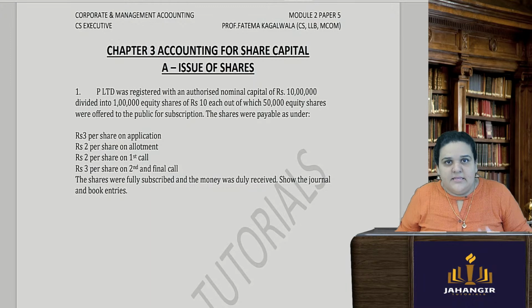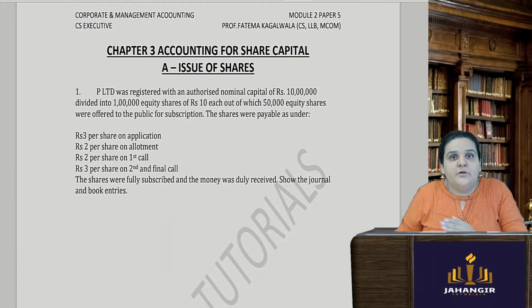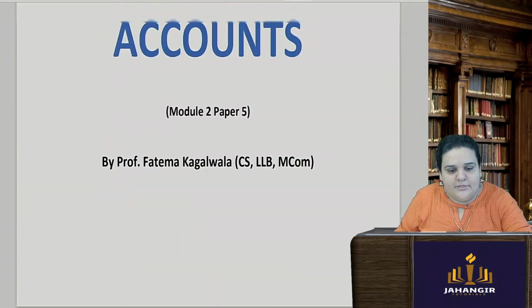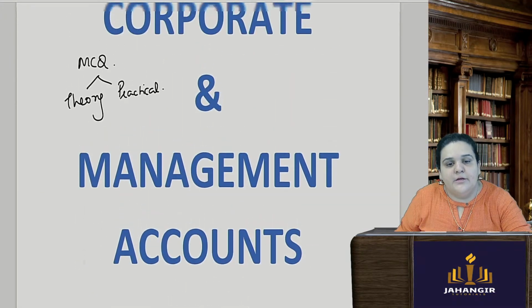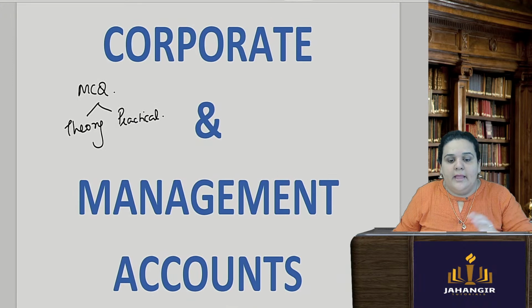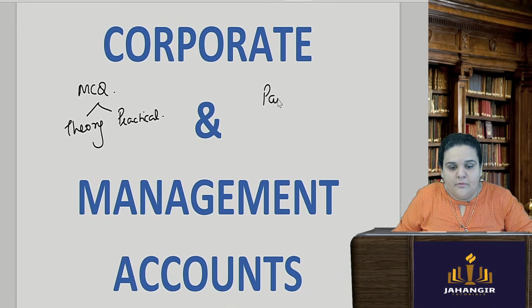To make it easy, I have split that entire chapter into parts, and I'm going to cover all those parts because it is a very important chapter of part A of corporate accounts. You know that the paper, corporate and management accounts, is divided in two parts, part A and part B. Part A, chapter 3, is a very important chapter.